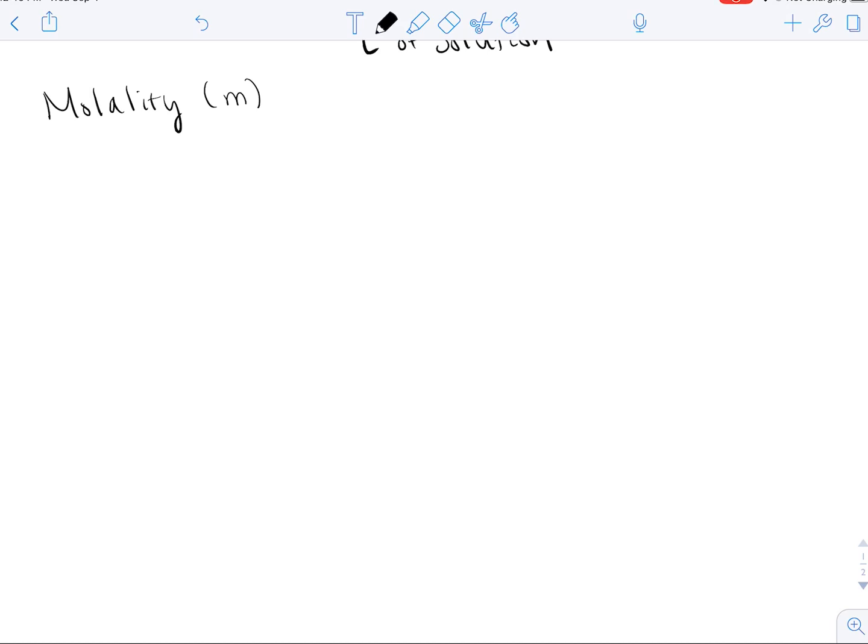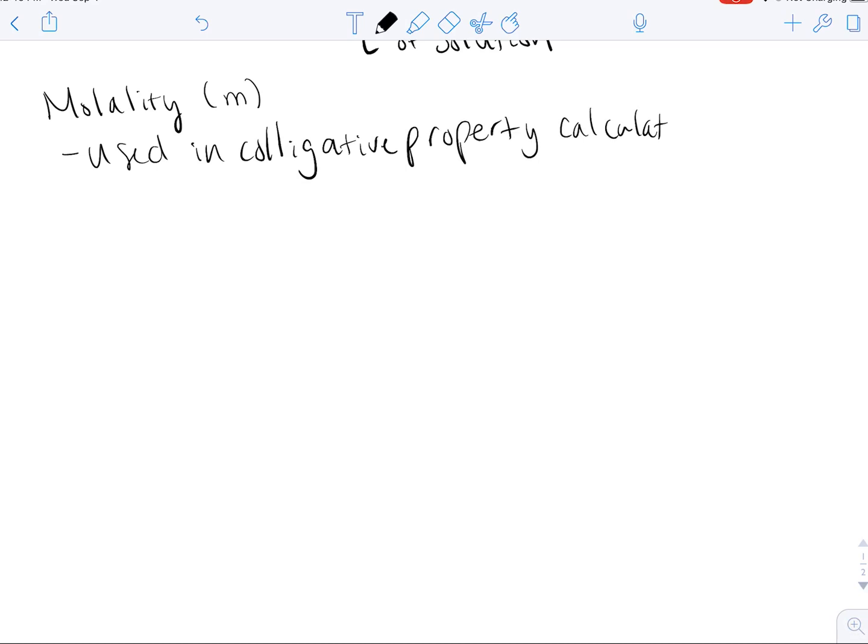Molality itself is a unit that's used in colligative properties, which we'll be talking about in a further video. And the nice thing about it is that it does not change value when temperature changes, which is why it's used for colligative property calculations.